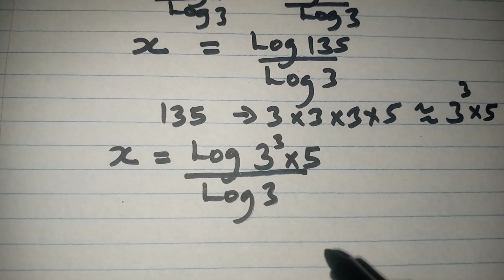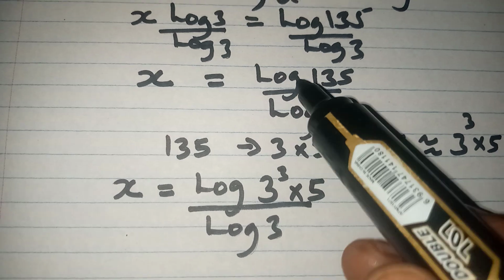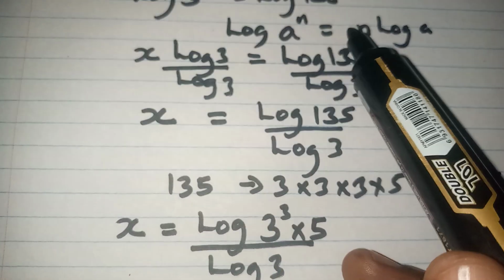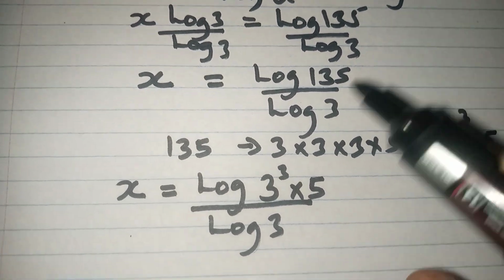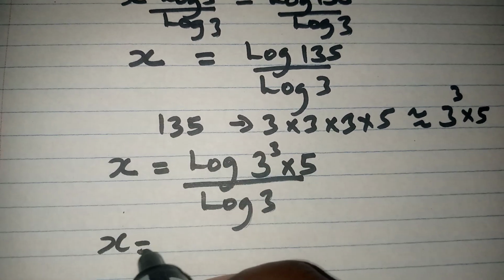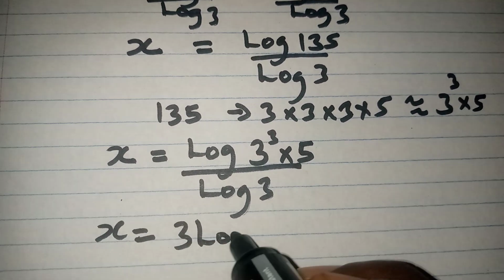At this stage, remember I said if I have the power, then the power can come down as n log a. So I'm going to apply it here again. So now my x becomes 3 log of 3.